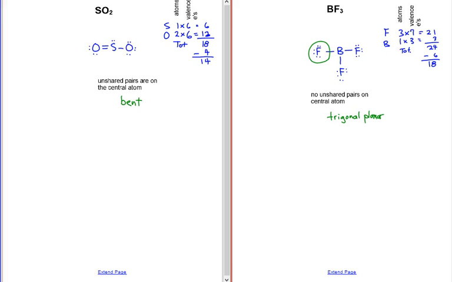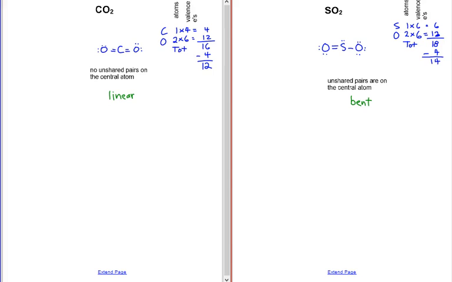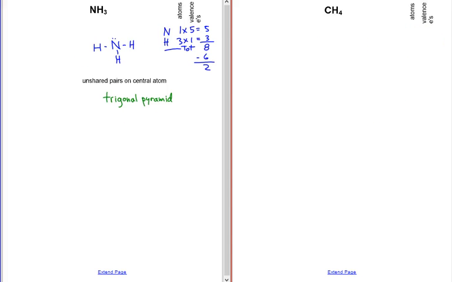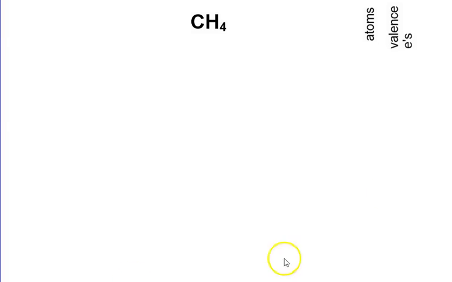And I think we had the same kind of thing here with these two guys. This one was linear, the carbon dioxide. This one was bent because of this pair of electrons right here that forced these pairs to move away by repulsion. So we're good. Let's go back now and get this last guy, and we're going to be done.